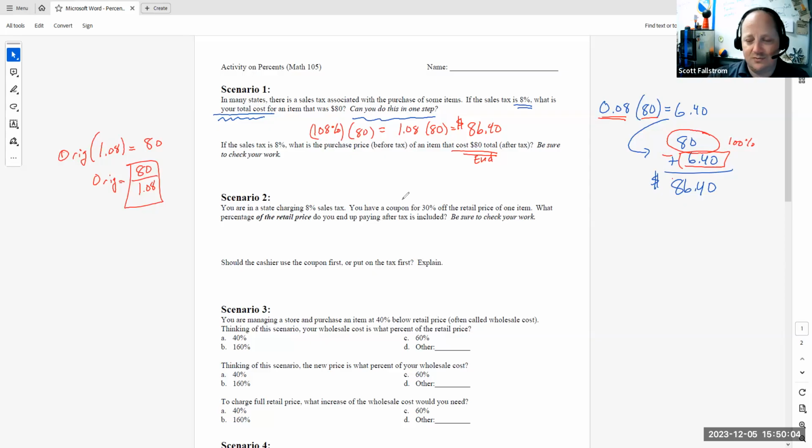If you can change your mindset to think of sales tax, interest on loans, anything like this, that if you change your mindset and you say all of these are multiplication, they are not addition problems, you're actually going to be able to get a lot more of them correct, and it's probably going to feel a whole lot easier. So that's the big piece as we go through this, and we'll go through more of this.